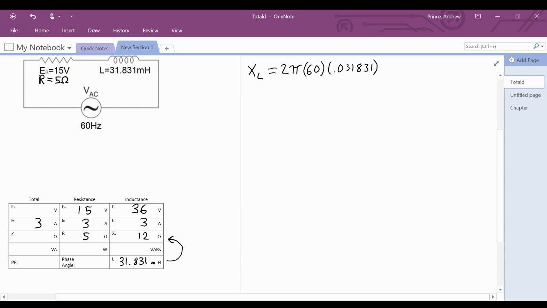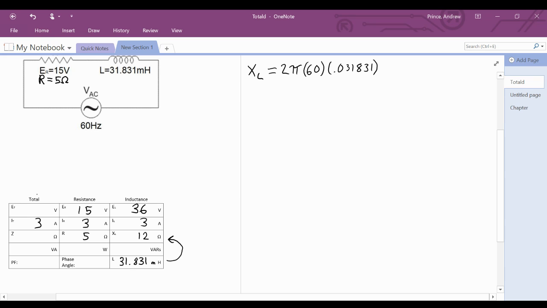Now, no matter what at this point, I'm going to have to start using some AC theory formulas, which is going to be our Pythagorean theorem based on our right triangle trig. Because in a typical DC circuit, I would just be adding up the voltage drops, or I could add up my resistors in a series circuit. But this is AC now, so we're going to have to use Pythagorean theorem to solve for these.